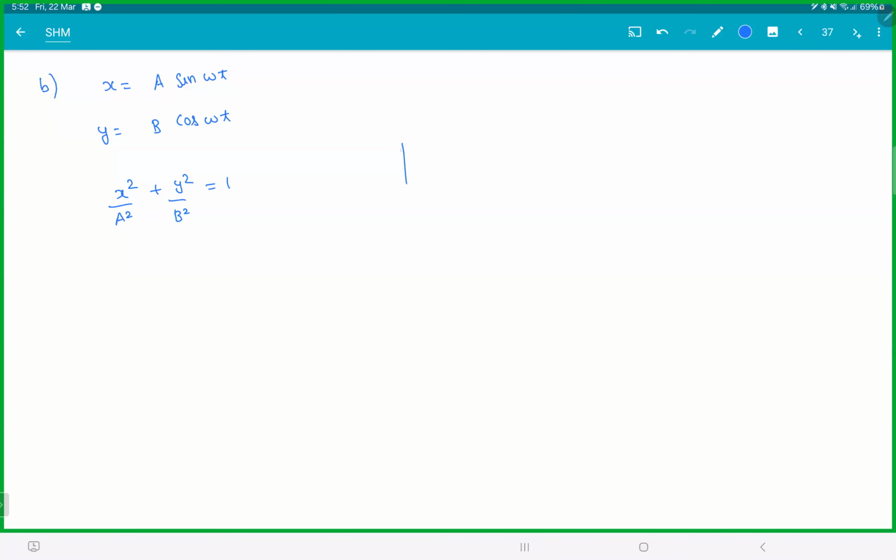Meaning, if you look at the motion now, it is something like this. It's going in an ellipse where at t is 0, x is 0, but y is maximum, isn't it? It's like this.